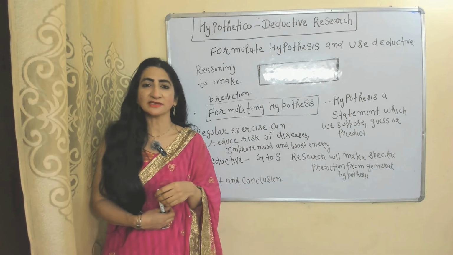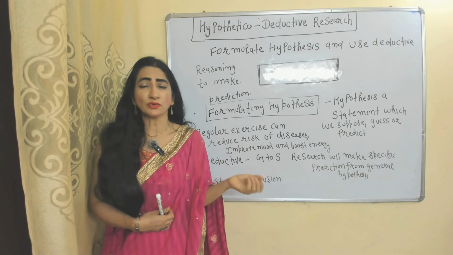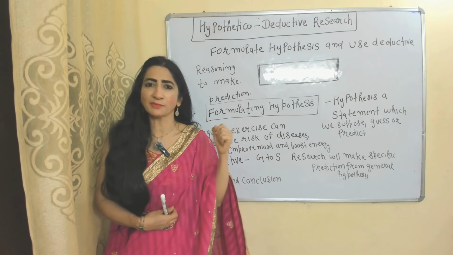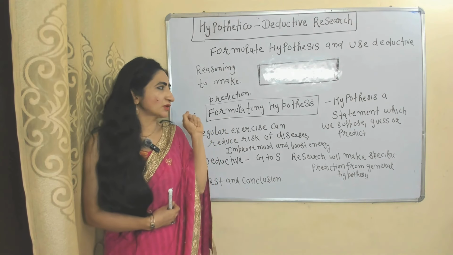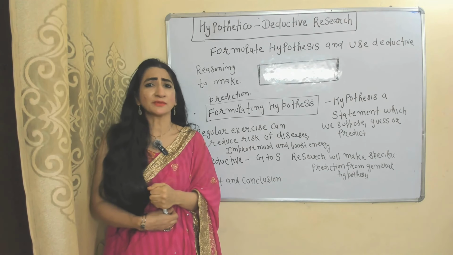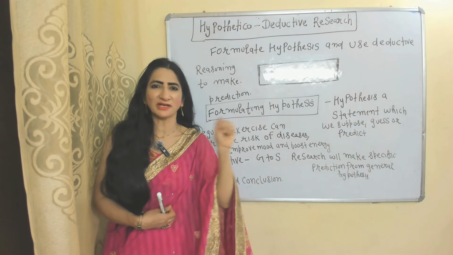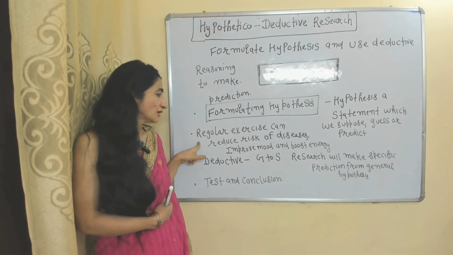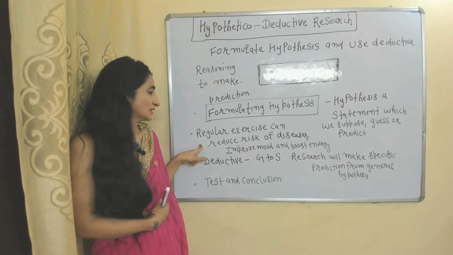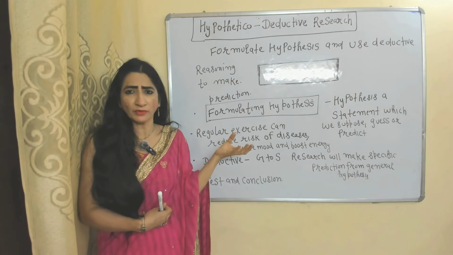Hypothetico-deductive research, as its name suggests, here we formulate hypotheses and use deductive reasoning for making predictions. First step, formulate hypothesis. What do you mean by hypothesis? Hypotheses are statements which we assume, guess or predict during our research. For example, we formulate one hypothesis: regular exercise can reduce the risk of diseases, improve mood and boost energy.